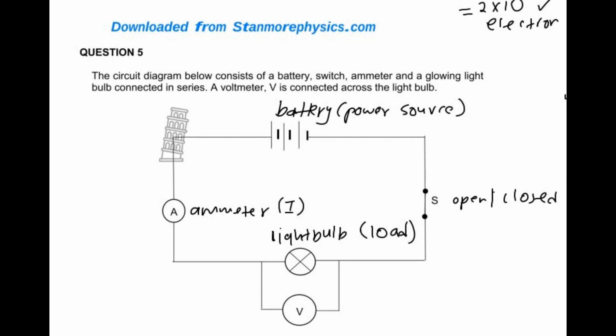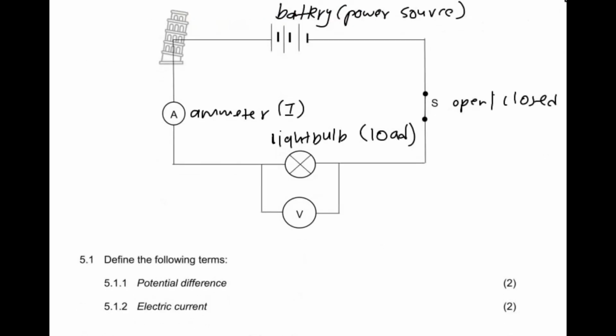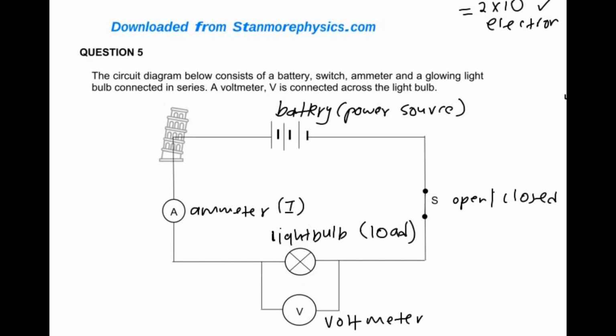And then we also have a voltmeter. A voltmeter measures the potential difference across a circuit element. So see the keyword there. They tell you that that voltmeter is connected across. That tells you that it's connected in parallel.